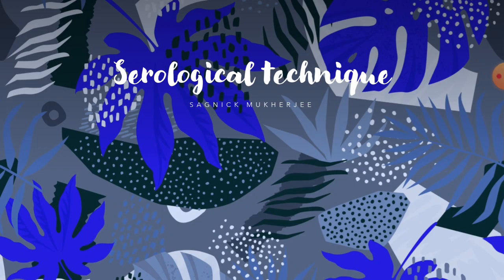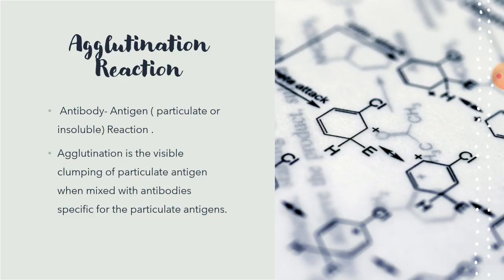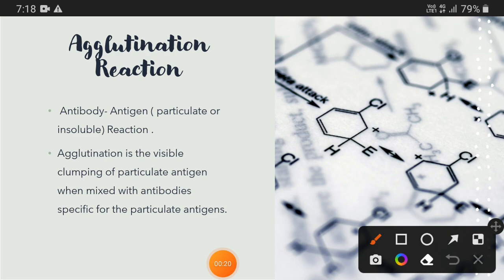So in this video tutorial we are going to discuss a serological technique, that is agglutination. Okay, so let's get started. Agglutination reaction is a type of antigen antibody reaction.